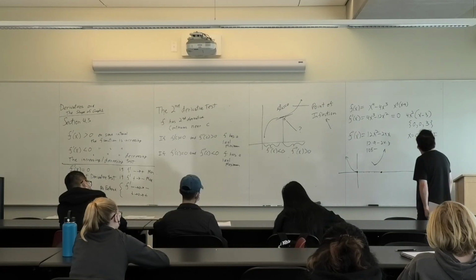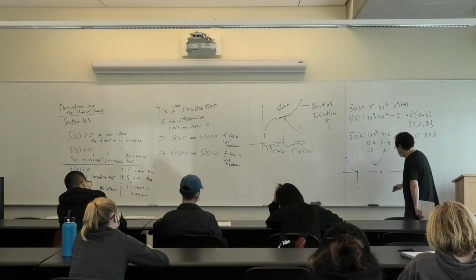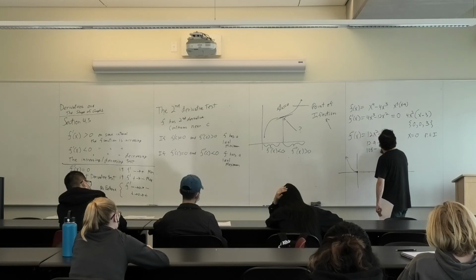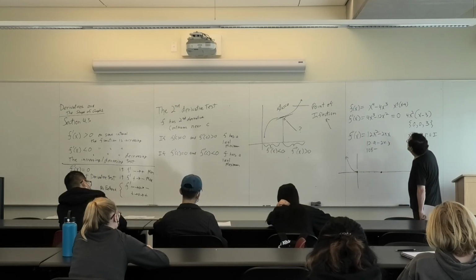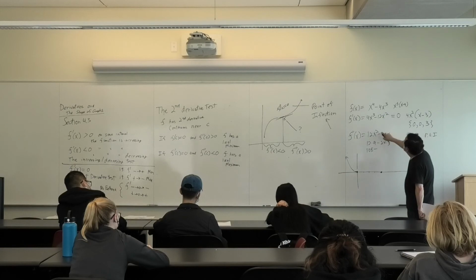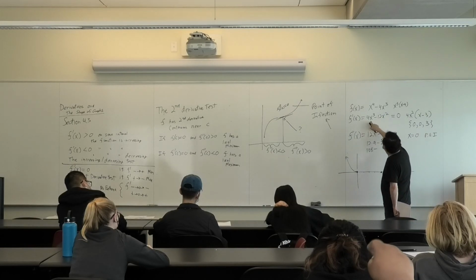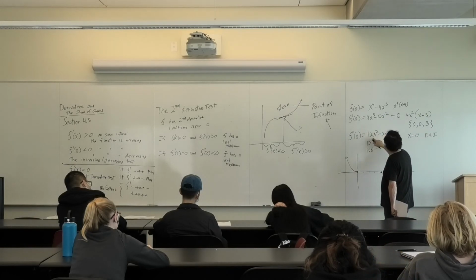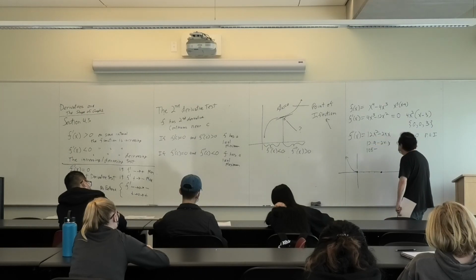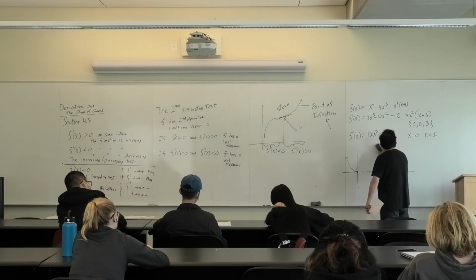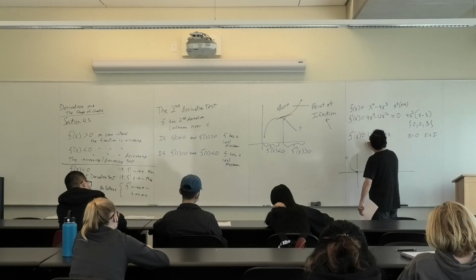When you factor out the second derivative, it's 12x times x minus 2.